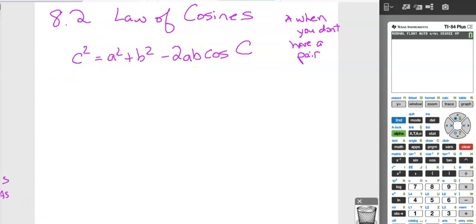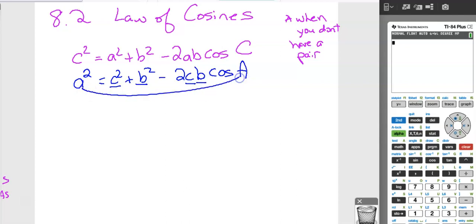And if you want to rewrite another formula, you could put a squared, and then you would have c squared plus b squared minus 2cb cosine of angle A. Notice the same thing: I have cb and then cb, and the angle and side correspond.